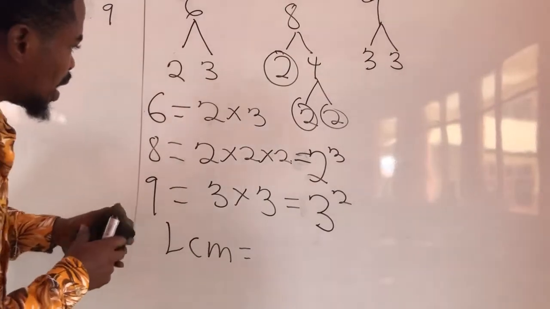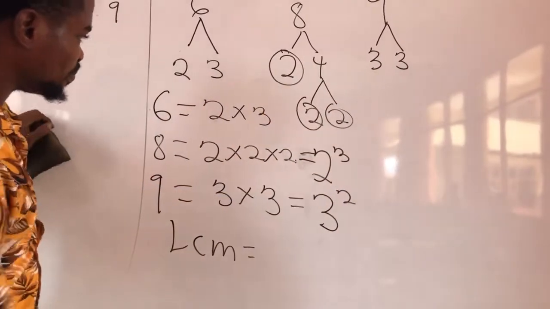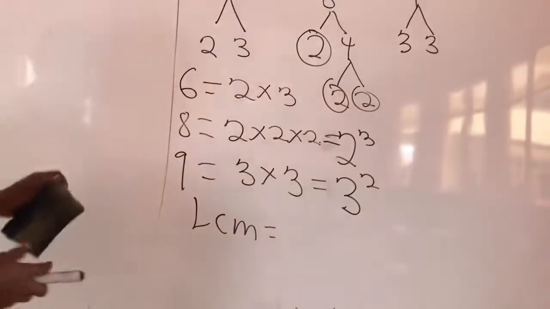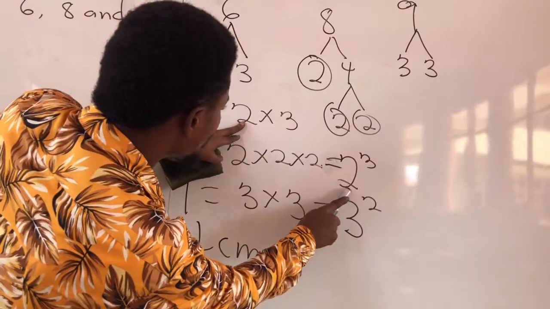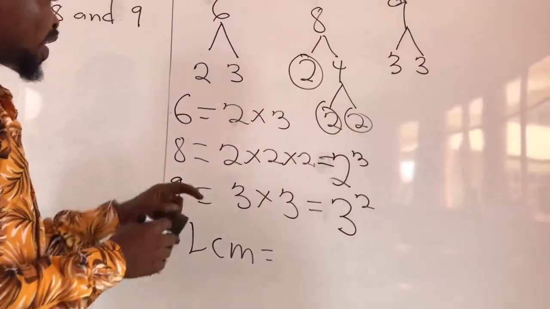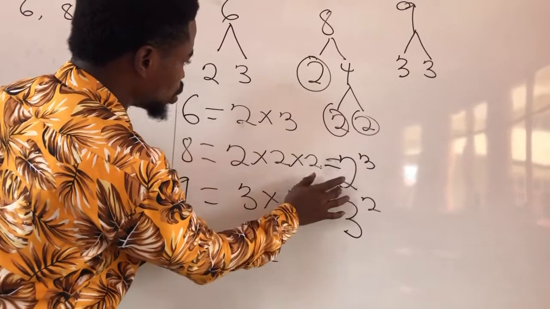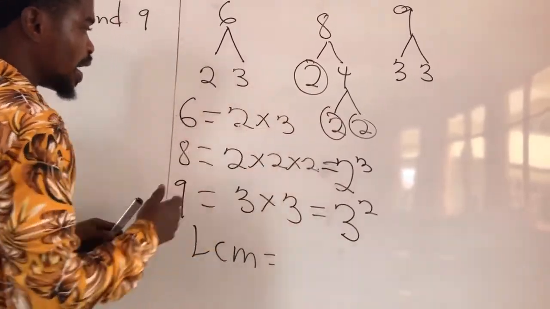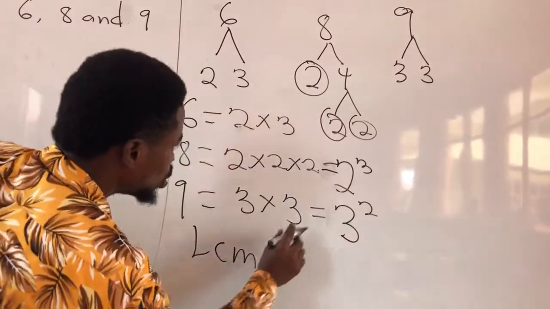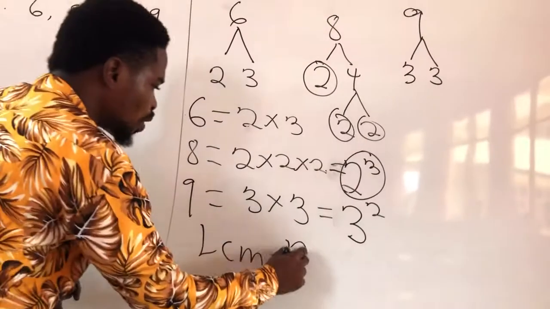Now, 3 is here, 3 is not here, but 3 is here. So what do we do? The first one, 2 is here. So what do we do? We take between this and this, 2 and 2. The numbers are common here, so we take the one with the highest power, which is 2 raised to the power 3.